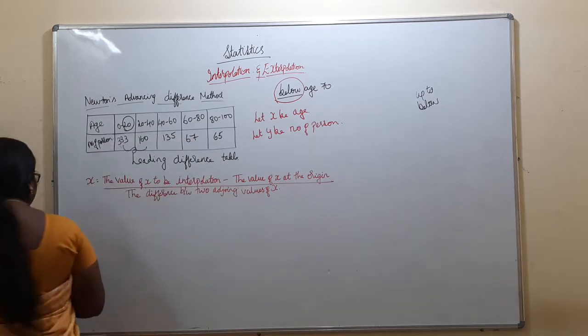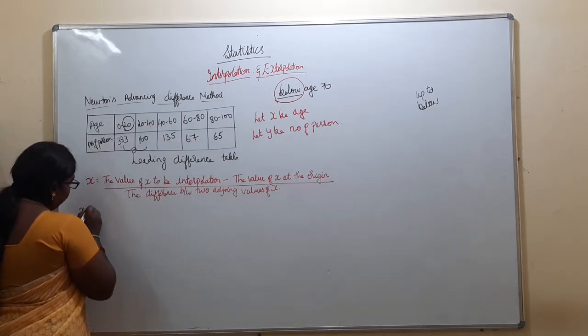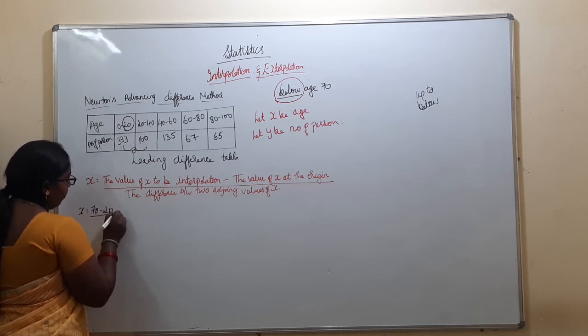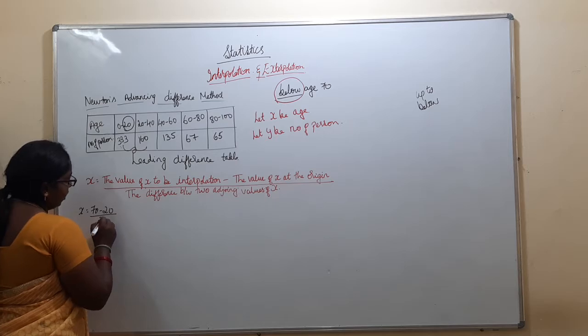Okay, here I will get x is equal to 70 minus 20 divided by 20.